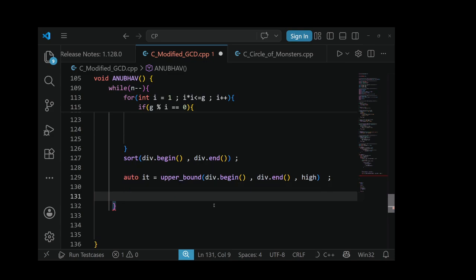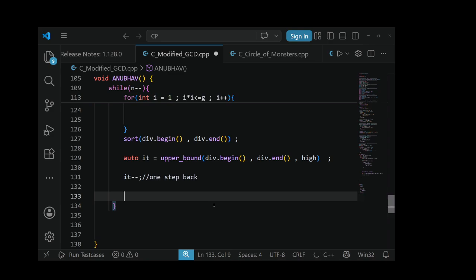And we'll do IT minus minus, meaning one step back, right?